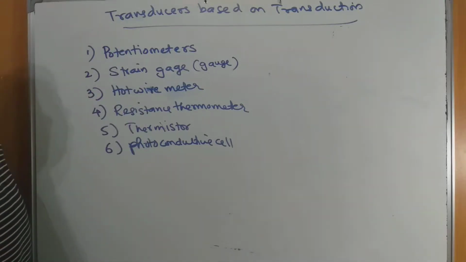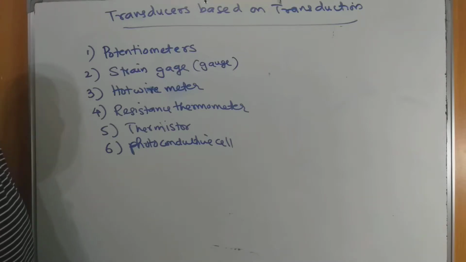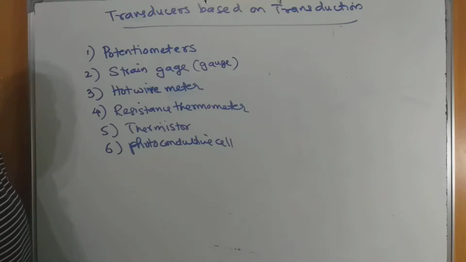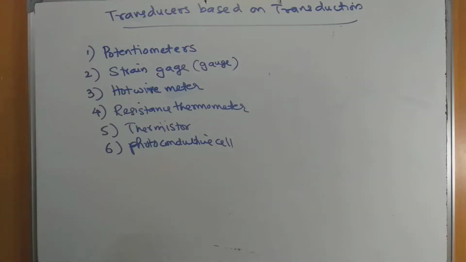In all these cases, the input will be a physical form and the output will be the change in resistance. Okay, so we are going to discuss each in detail.